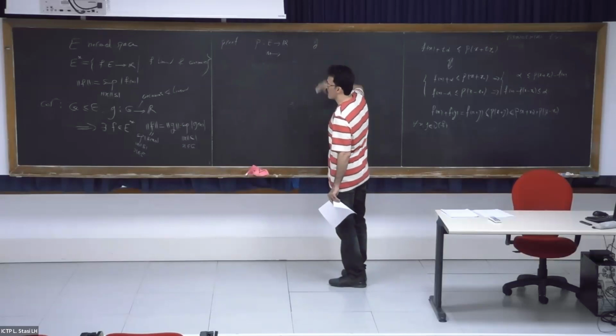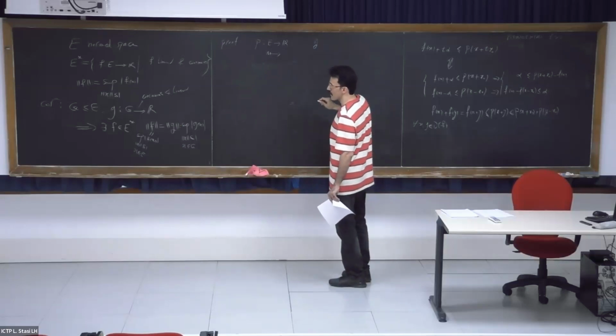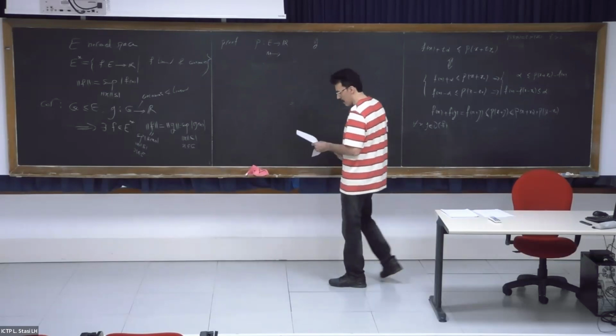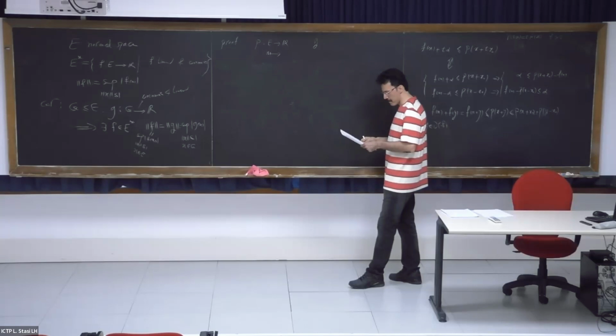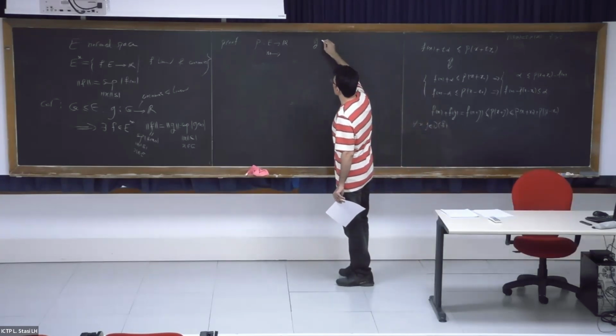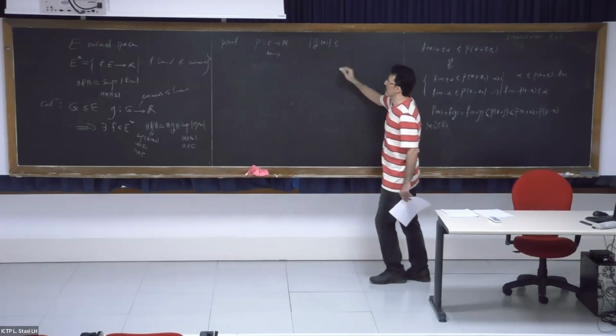And G from G to R, I need to have this one less than P of x.